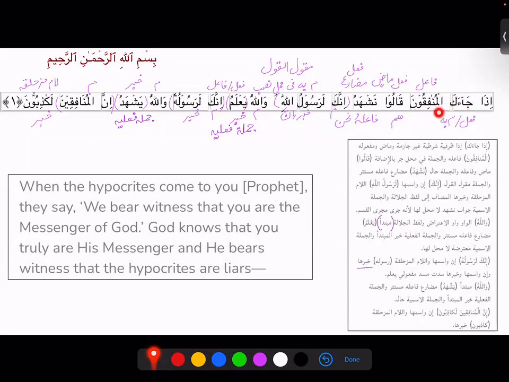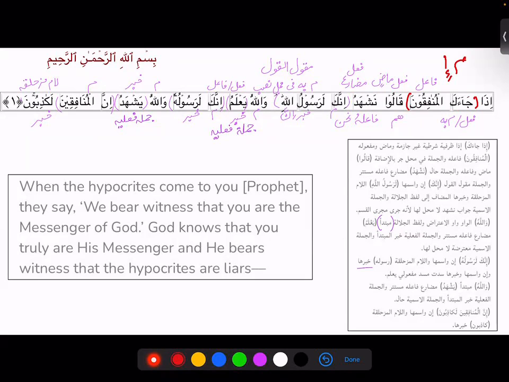When we have huwa, then we can look for an outside doer, right? So munafiqun is the outside doer for ja'a. So the whole thing, ja'akal munafiquna, is mudaf ilayhi, because they are connected, right? And then you're gonna say fi mahalli jar. Is that clear to everyone?